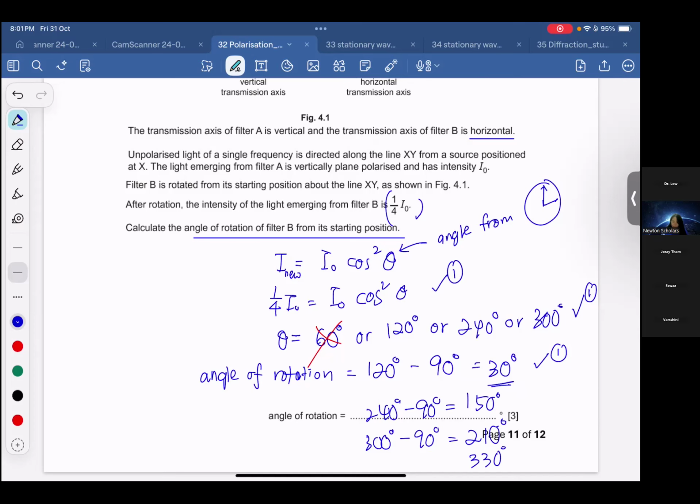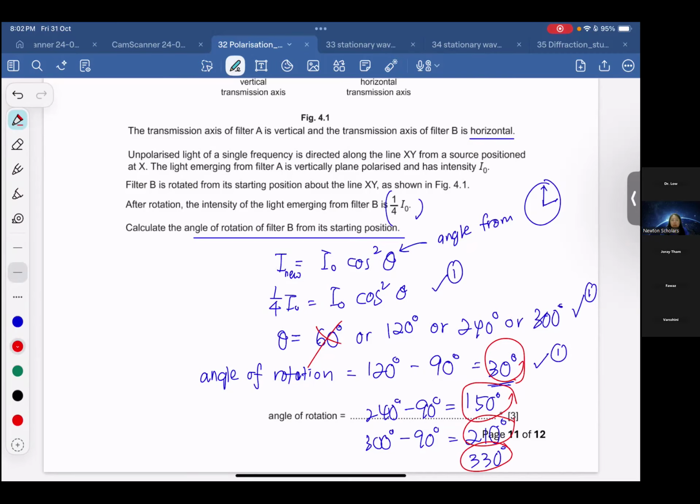All these answers are acceptable, all are correct answers. Take 10 seconds to digest, and then you tell me any question you want to ask. The most important thing is that you have to understand the angle that we calculate is actually from way to way.